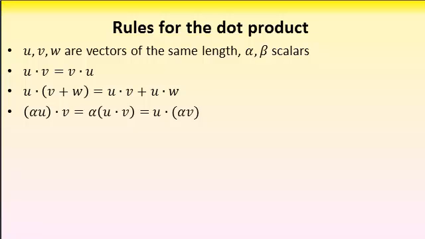And the final rule tells us that if I have scalars multiplying both u and v like this, I can begin by multiplying the scalars and doing the dot product of u and v. The algebraic rules presented so far are exactly the same as the algebraic rules for numbers.